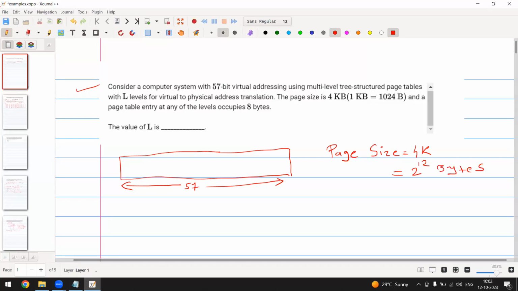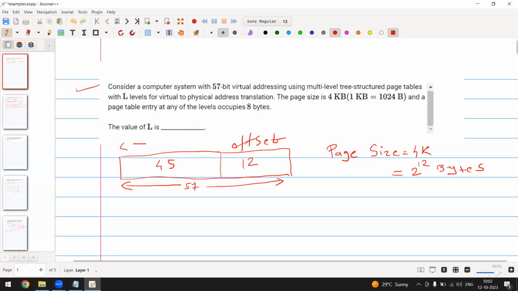So 12 bits are used for offset, and 57 minus 12, that is 45 bits, are used for the page number.